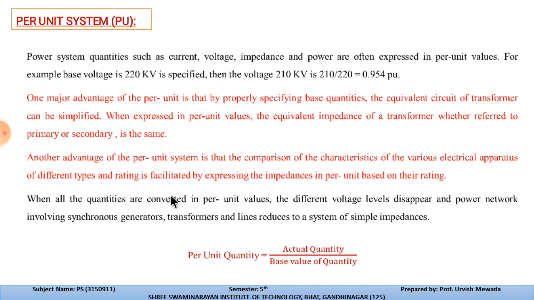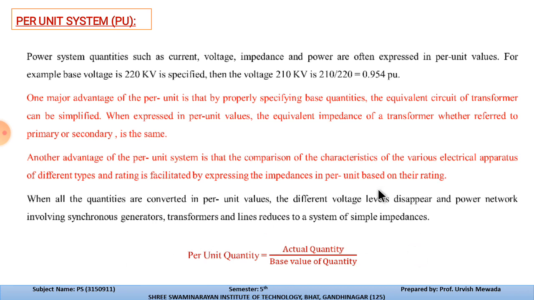When all the quantities are converted to per unit values, the different voltage levels disappear. From the start of the network to the end, we have different voltage levels due to the different transformations of voltage. With the help of transformers, we perform stepping up and stepping down of the voltage. So if we need to solve that network, it becomes quite complex.